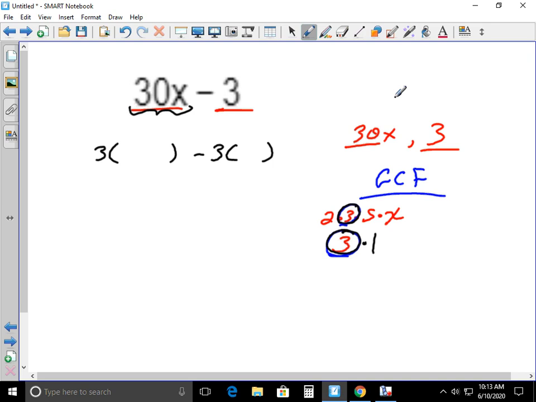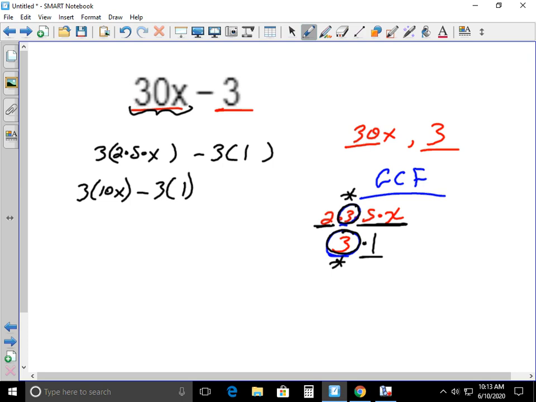Well, if we look at the remaining factors, the first term is 3 times 2 times 5 times x, or 3 times 10x. The second term, if we look at the common factor, is 3 times 1.